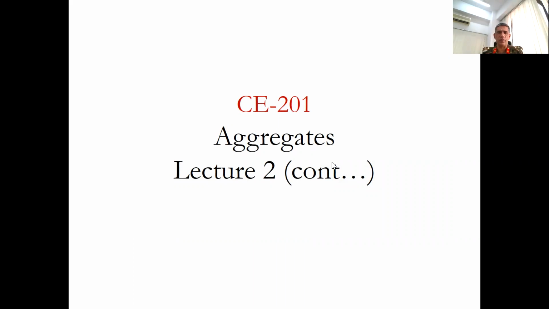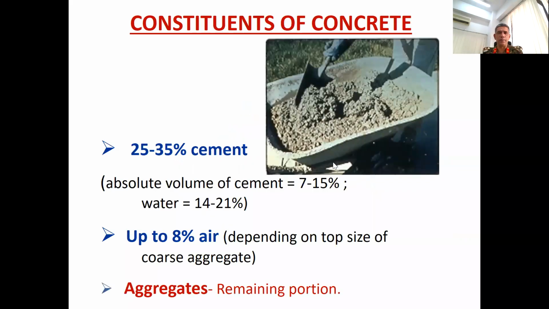First of all, let us see in the case of concrete, we know what concrete is. The main constituent materials are cement, air, and aggregate. Cement makes 25 to 35% of the total volume, of which the percentage of cement varies from 7% to 15%, and the percentage of water varies from 14% to 10%.